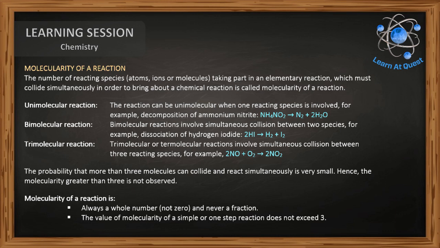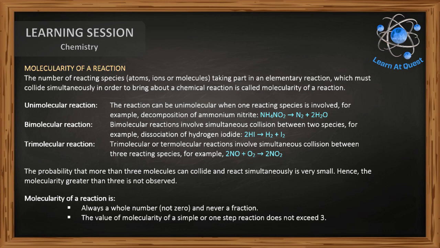Here, two molecules of nitric oxide, which is NO, react or collide with one molecule of oxygen O2 to form two molecules of nitrogen dioxide, which is NO2. The reaction is 2NO plus O2 forms 2NO2. That is, the molecularity of this reaction is 3, hence it's called a trimolecular reaction.